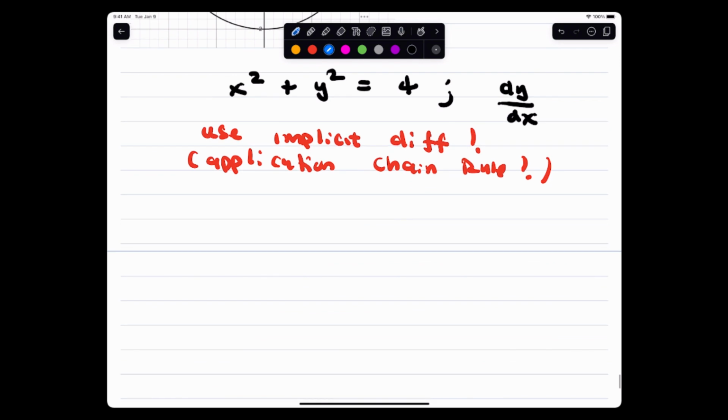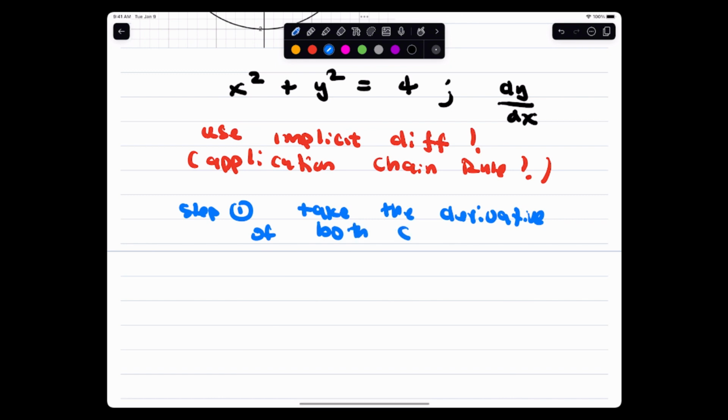So here's what I'm going to say to you guys. Step one, take the derivative with respect to x of both sides. This is what they mean. This is use operator notation. A very simple kind of thing.